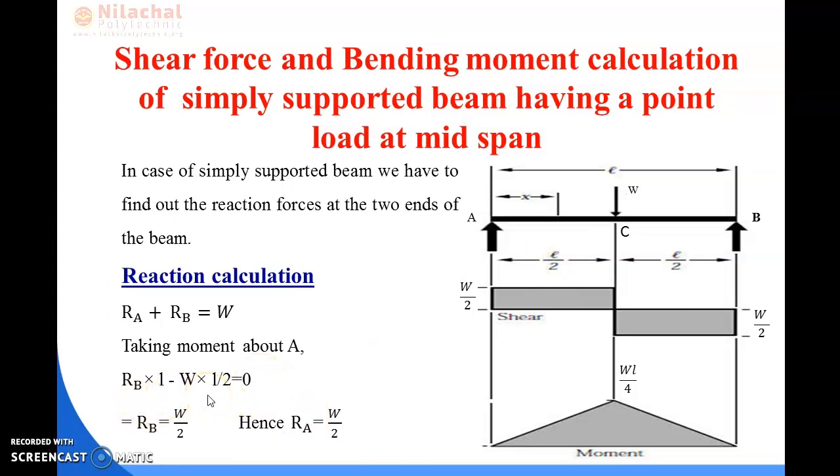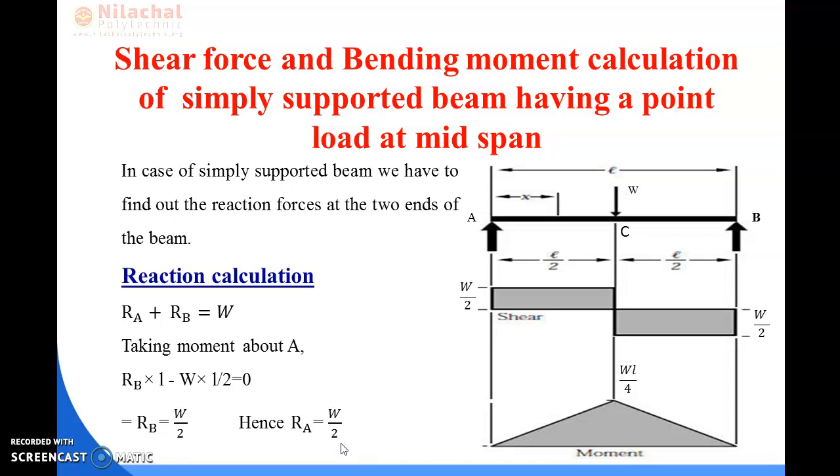From this we can calculate the RB value, which we got as W by 2. We know that RA plus RB equals W, and now we got the value of RB as W by 2. Hence, the RA value will be W minus W by 2, which equals W by 2. So now we got the value of both reactions, RA and RB, as W by 2.